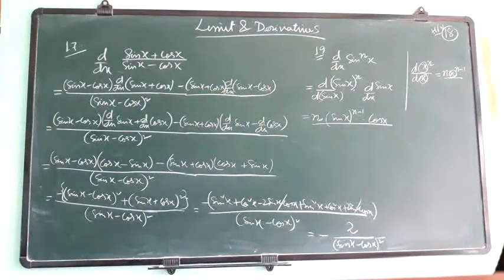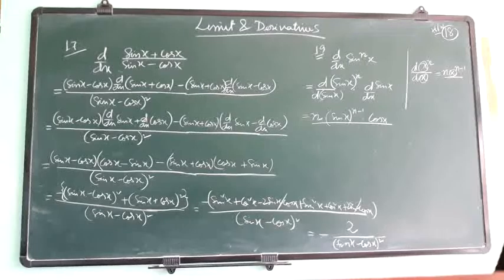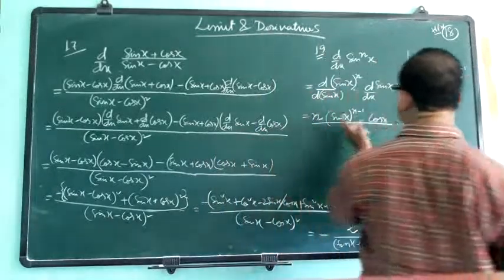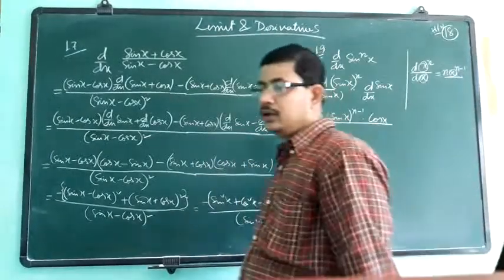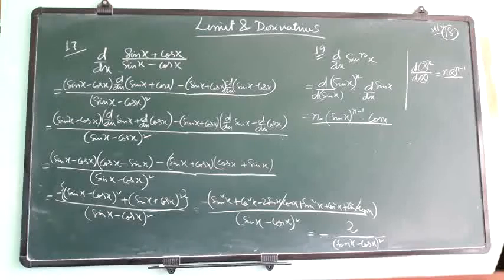So please continue this one in that way. So sin x to the power n by sin x is this one. So that is the way we have to get this answer.